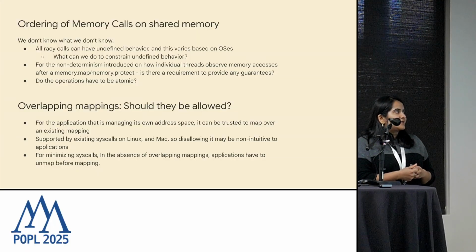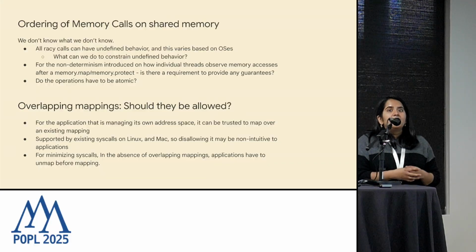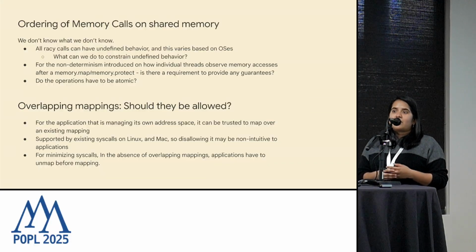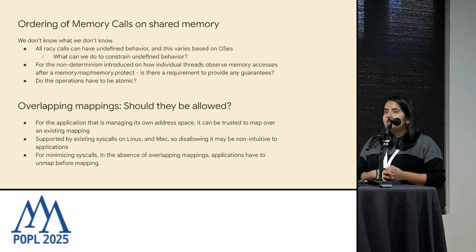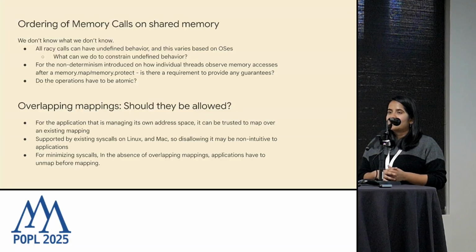Maybe there really isn't that much to do here, but especially when you have several of these calls happening from multiple threads, should we be providing any guarantees for safety? And do these operations have to be atomic? They're not always guaranteed to be atomic by their OS primitives on Windows specifically. I think Linux makes some guarantees, or doesn't say it, but by experimentation you can tell that it is. But on Windows, this is not a guarantee that we can provide.